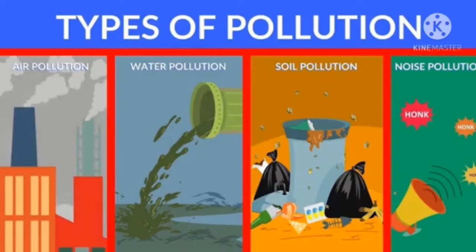Pollution: the presence of harmful substances in land, water, and air that can cause harm to humans and other living organisms is called pollution. The harmful substances that cause pollution of air, water, and land are called pollutants.